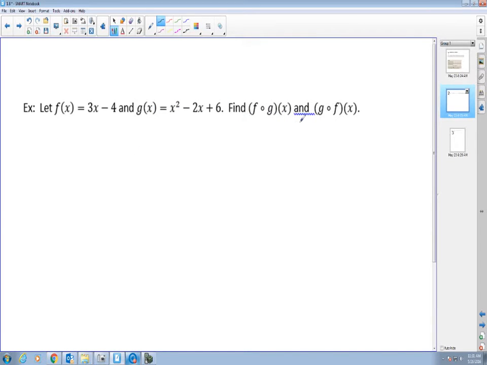So f of g of x actually means the function g is going to be inside of function f. Alright, and we're going to find g of f. That means take f, substitute into g. So let's do f of g first. F of g sub x.